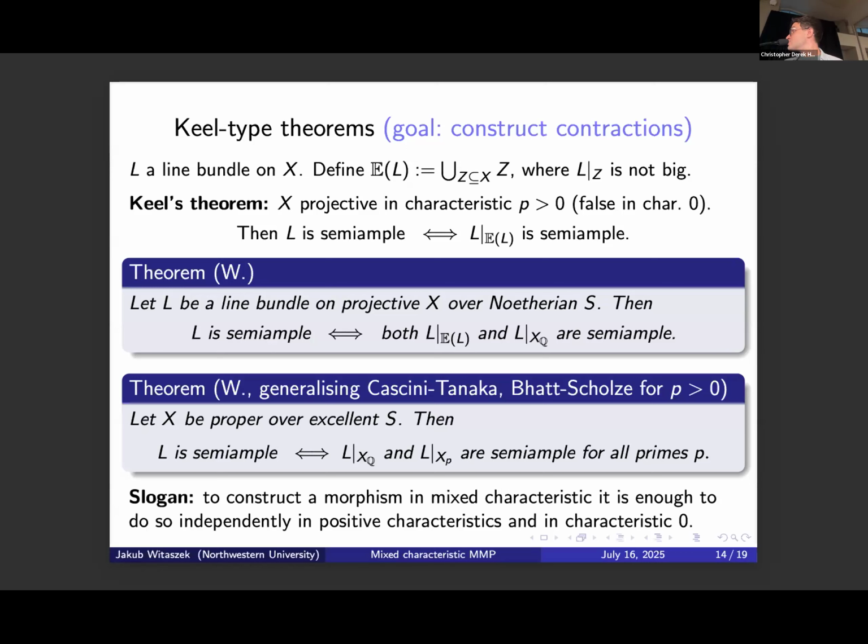The slogan or the mantra behind this theorem is that to construct a morphism in mixed characteristic, it is enough to do so independently in positive characteristics and characteristic 0. Another way to think about it is: imagine you're trying to construct your final fibration in the minimal model program, or imagine you're trying to construct a Calabi-Yau fibration in abundance, and you want to do it using polynomials with only integer coefficients.